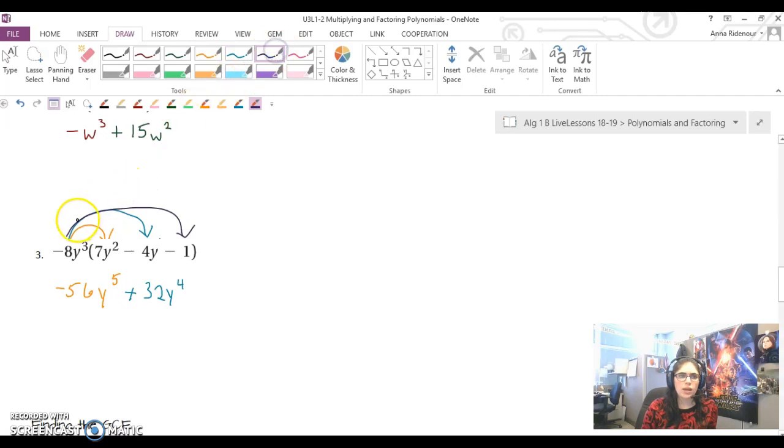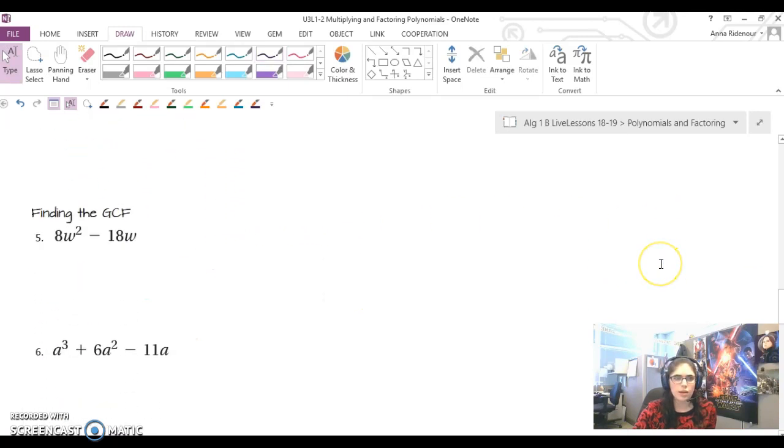And then finally, if you multiply anything times negative 1, all it does is change the sign. So because it's a negative times a negative, I get plus 8y to the third. When I multiply negative 8y to the third times negative 1, that's what I get. And once again, all the exponents are different, so I can't combine any like terms here. So that one is done.